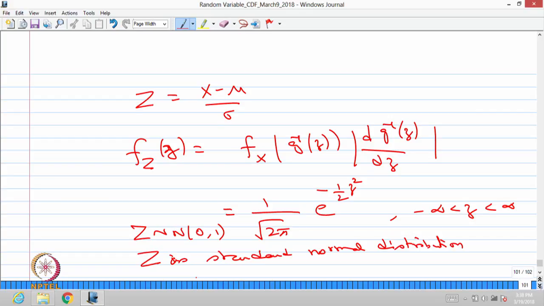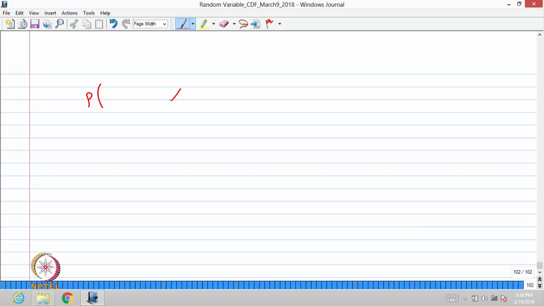The advantage of this is when you find the probability that x lies between a and b, when x follows a normal distribution with parameters mu and sigma square. Since it is a continuous random variable, you have to compute the integration from a to b of the probability density function of x.